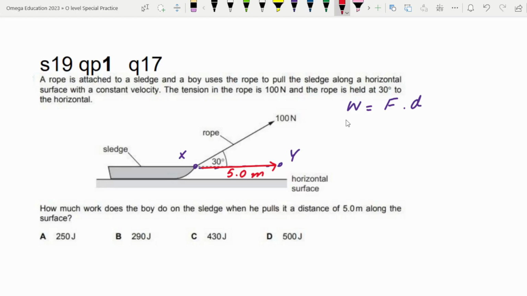Now we recall that tool that I explained to you previously, which we call the resolution of the vector into components. So this is your vector, 100 Newton. You can resolve this vector into two components, and one of the components would be along this line where you want the vector, and the other component would be perpendicular to the first one.